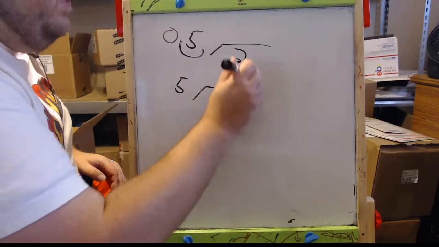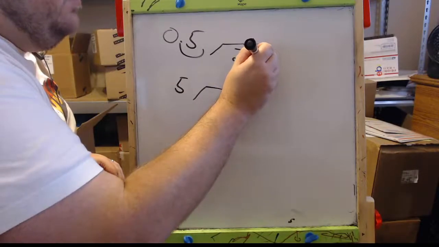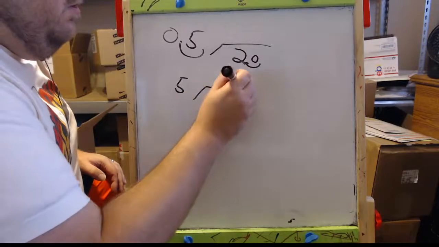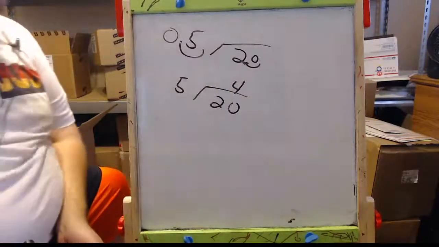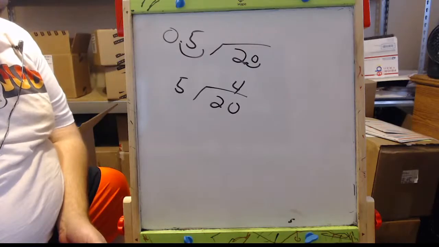I still have to move the decimal underneath. Okay, it's assumed it's here. So I've got to move it another spot. So it'd be 5 into 20, or 4.